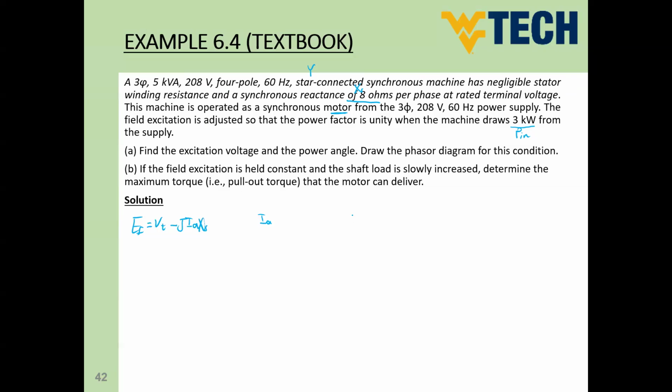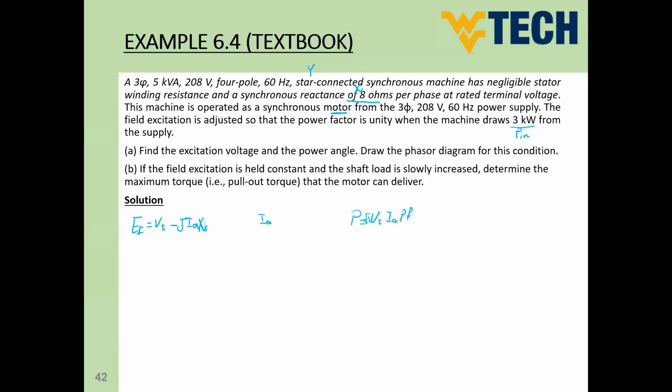So from the power equation, guys, you know that power equals V terminal times IA times power factor. Don't forget to multiply by √3 in case of 3-phase. So this is our relation. And it's a 3-phase machine, so we have to multiply √3 times V line, I line.